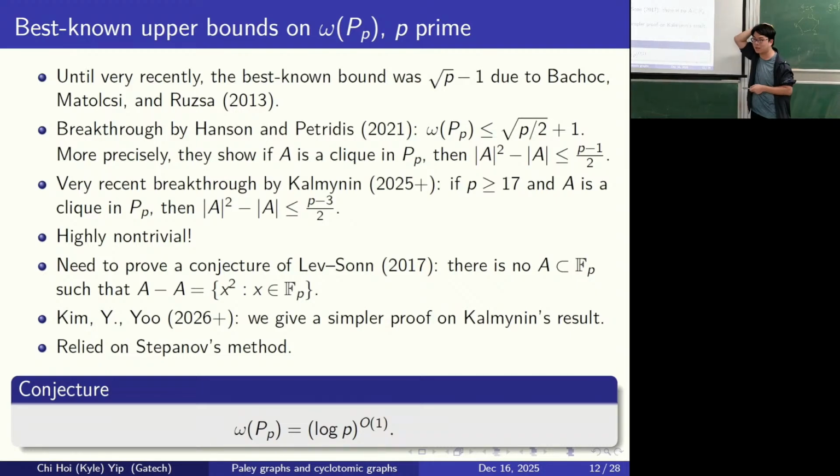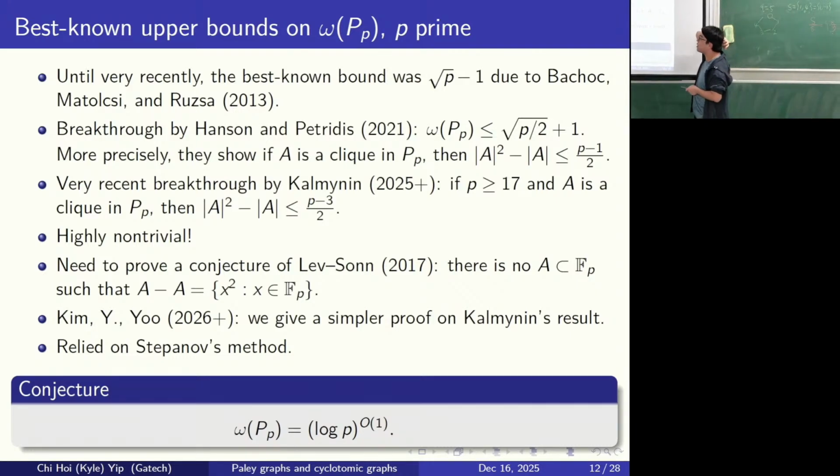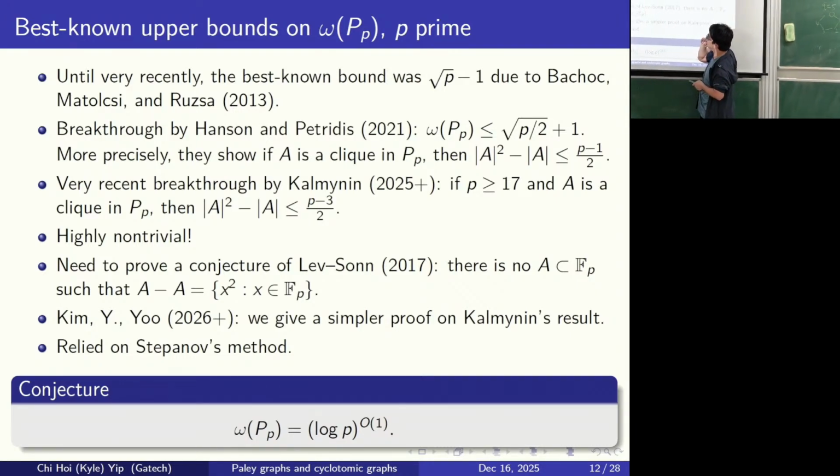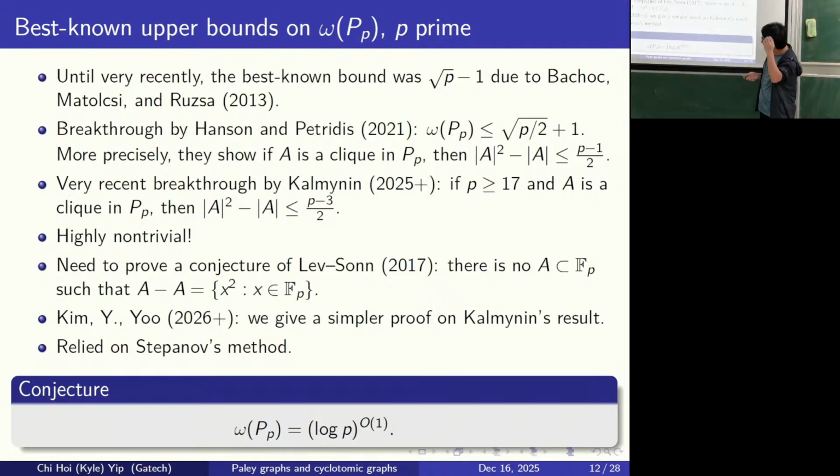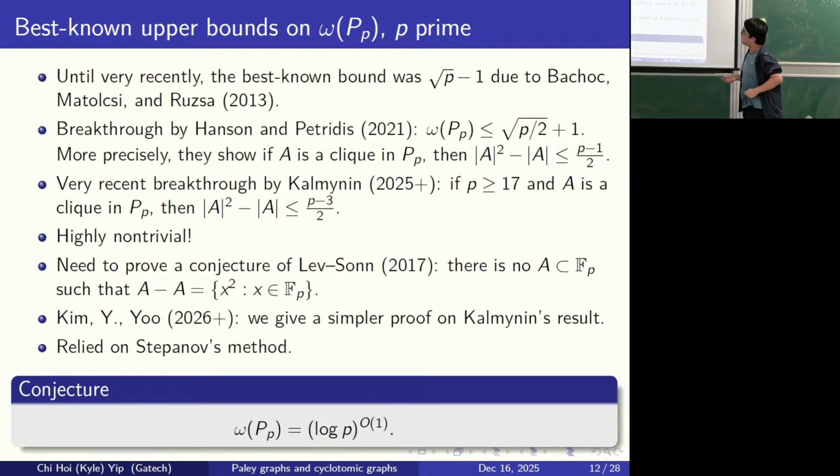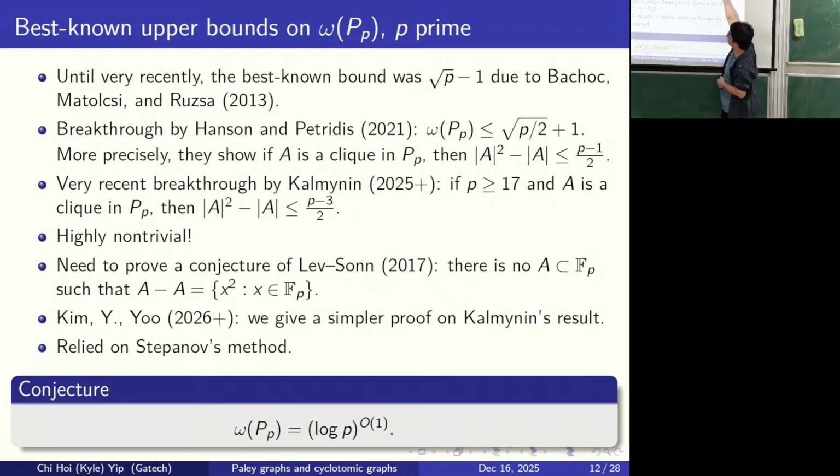I want to mention that there was a very recent breakthrough by Yip, where he showed that if p is at least 17, then you can improve this upper bound by 1.